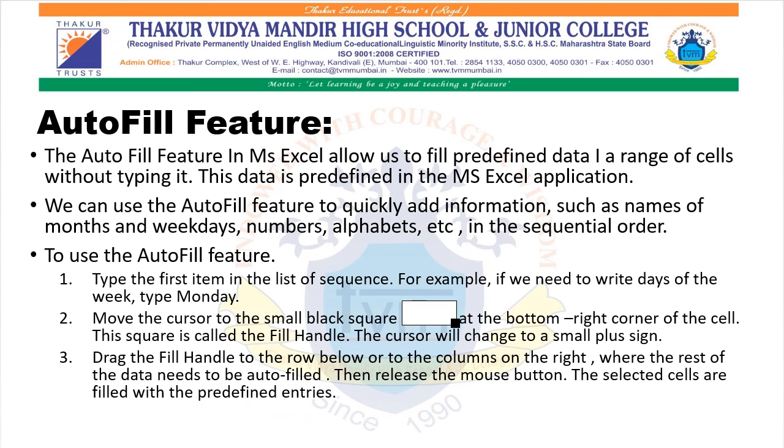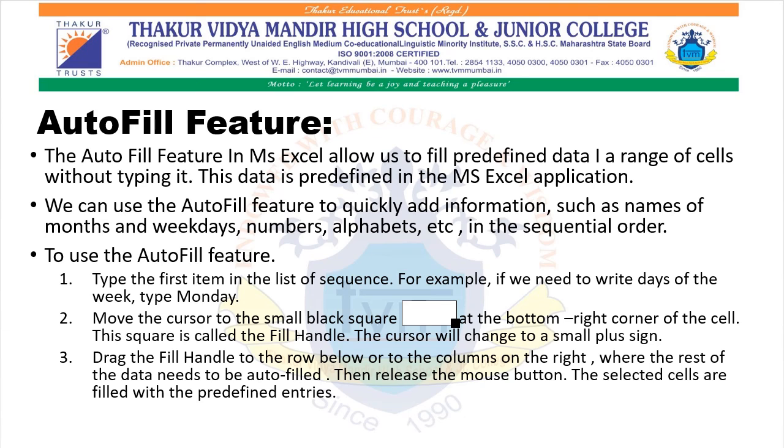Same thing you can do with numbers. If you want to print numbers in a sequential order, you just need to write the first two numbers of the sequence, for example 1 and 2. Then select both the cells. Once you select both the cells, you will see the fill handle, a black square.